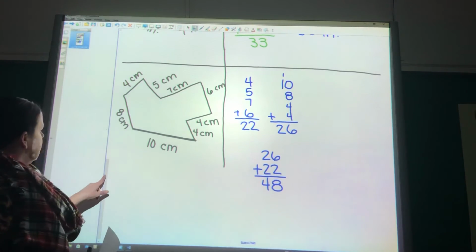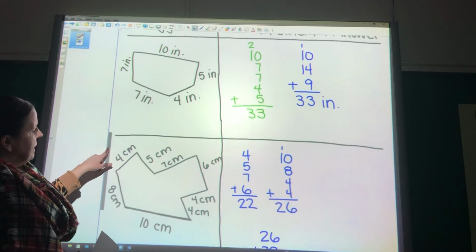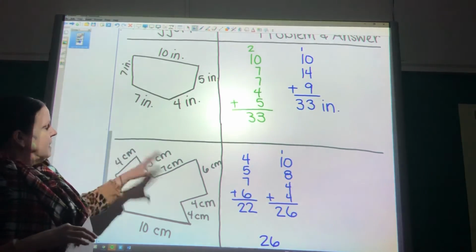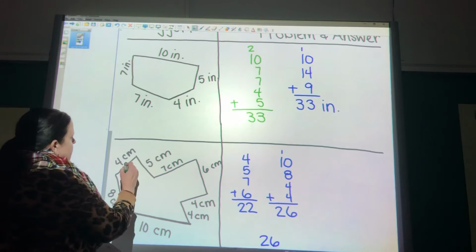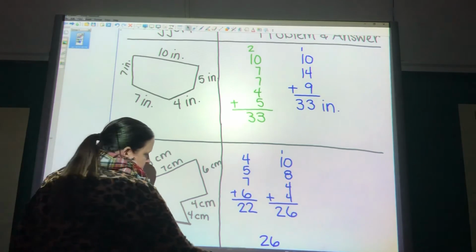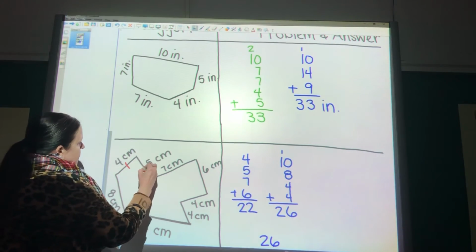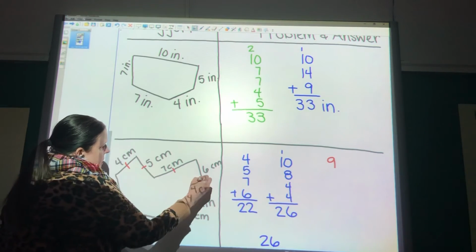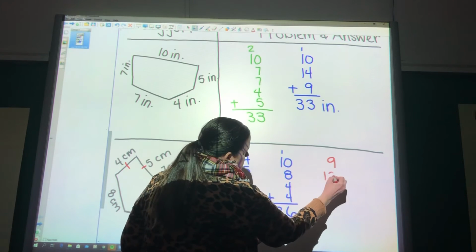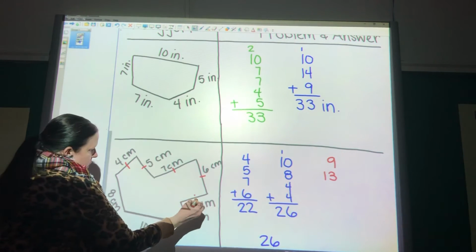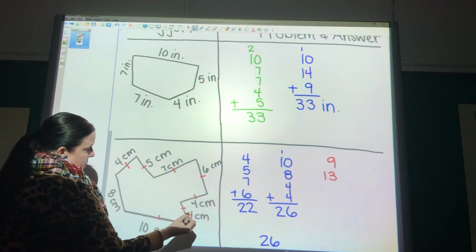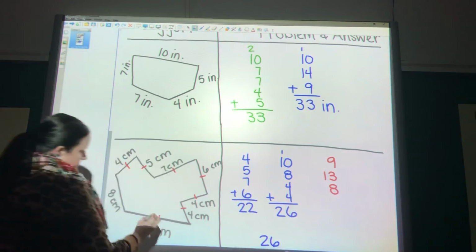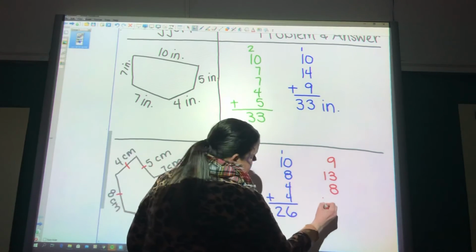Another way is what I did up here, where I combine them as I go. With this many sides, you might want to mark them as you go. So I have 4 plus 5 is 9. 7 plus 6 is 13. 4 plus 4 is 8. And then 10 plus 8 is 18.